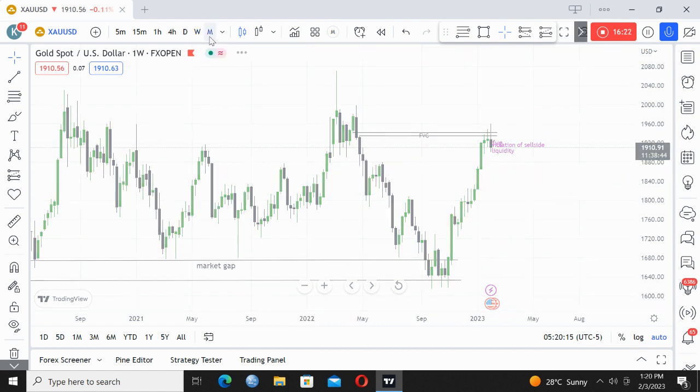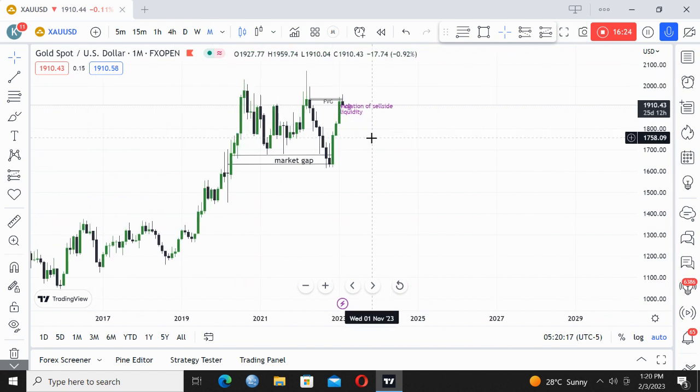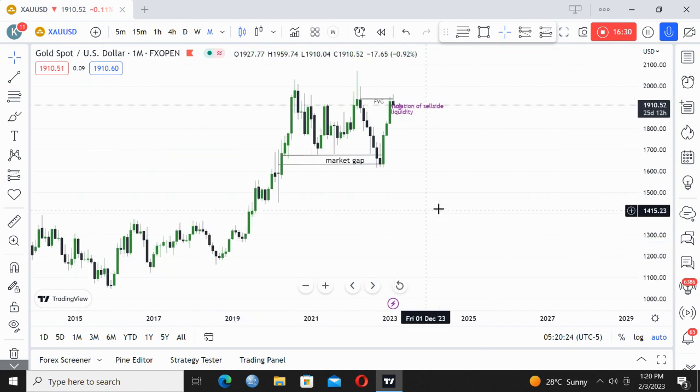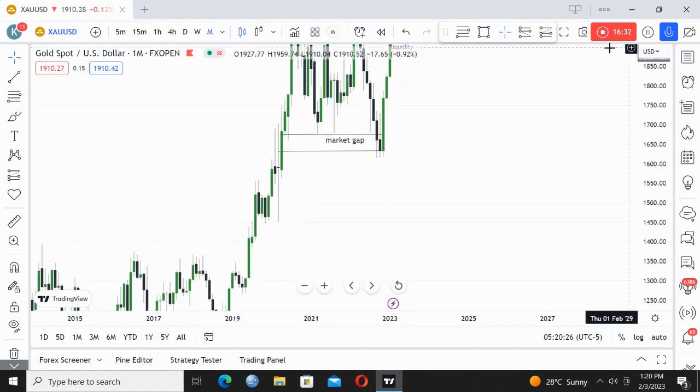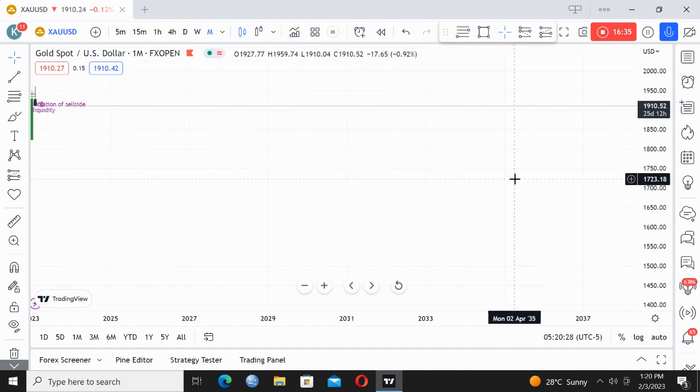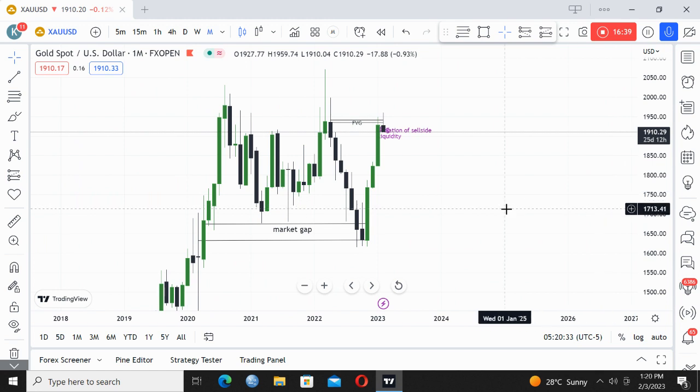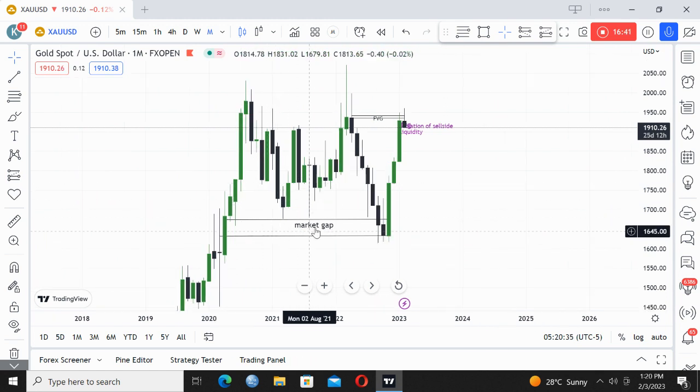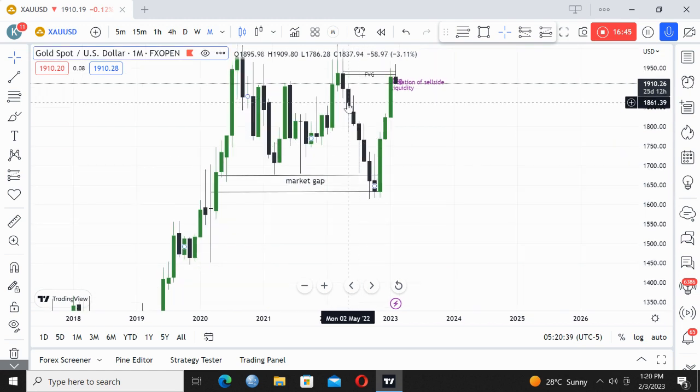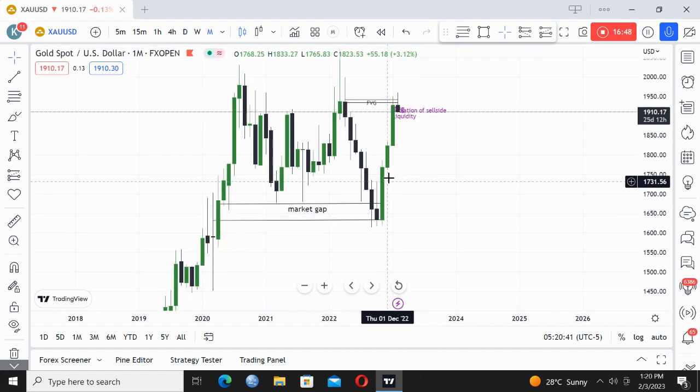You check in the monthly chart, that's how it looks like. Market gap lower, run of liquidity void, and also here we have a run of liquidity void.